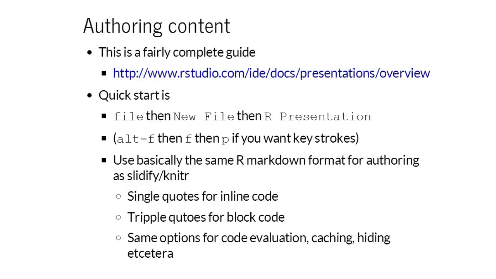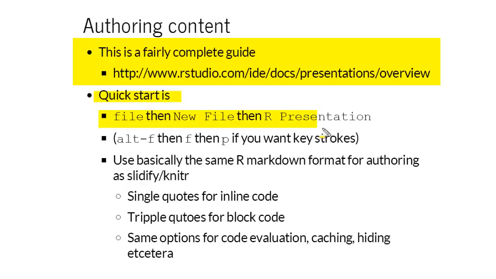The guide that you probably want to follow is on this link right here. Go to that guide, it's very good. Most of this content is just taken from that link, and I created this presentation in rStudio Presenter so you can get a sense of what it looks like. The quick start is just File, New File, R Presentation.